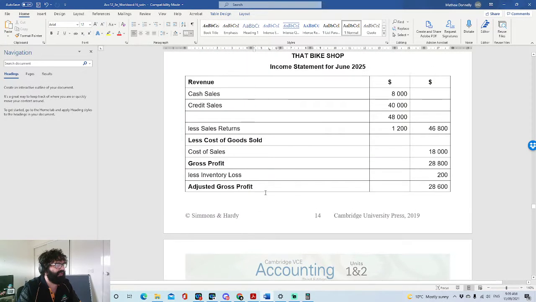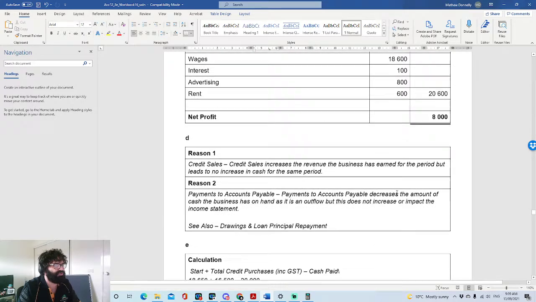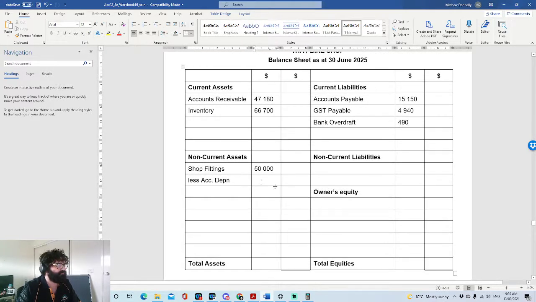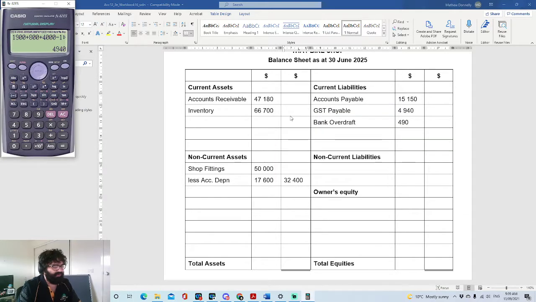At the start of the month, we had an extra month of depreciation, so we just have to add 500 onto 17,100, which becomes 17,600. And that becomes 32,400. Solved.